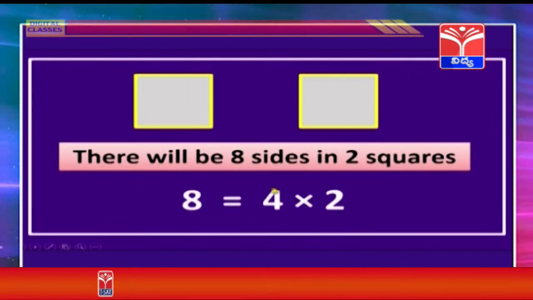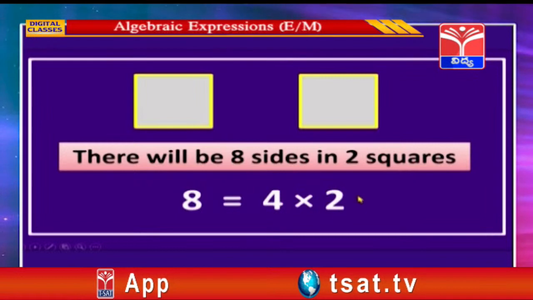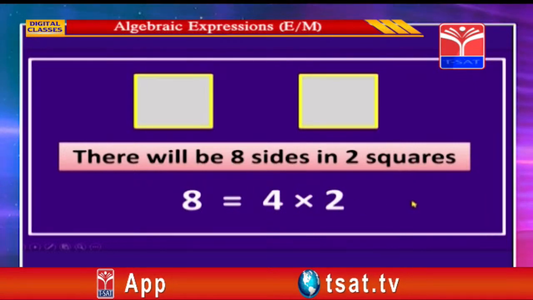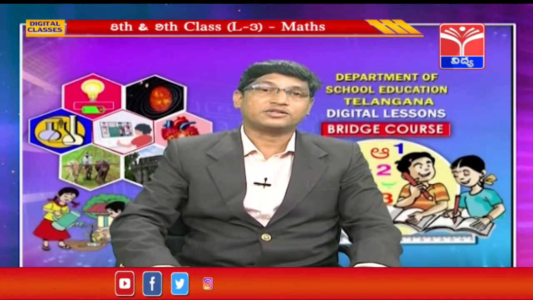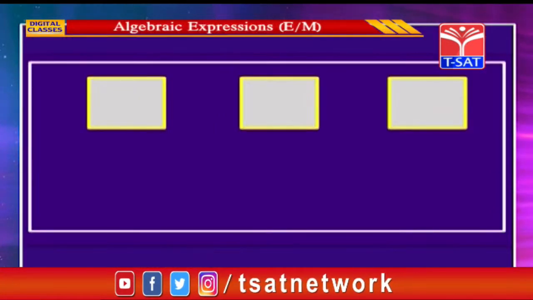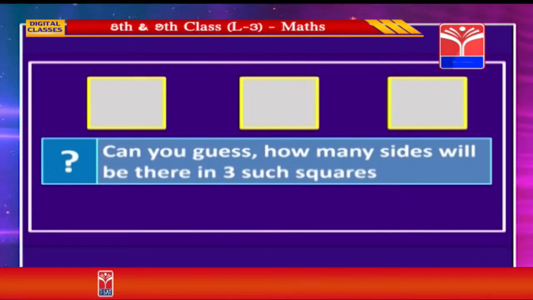I can write 8 as 4 into 2. And here this 4 is the number of sides, and there are 2 squares, so I am writing 4 into 2. Got it children? Now take a look when we have 3 squares as shown on your screen. So we have 3 squares and how many sides will be there children in all?